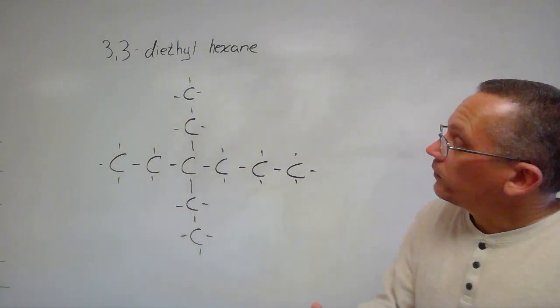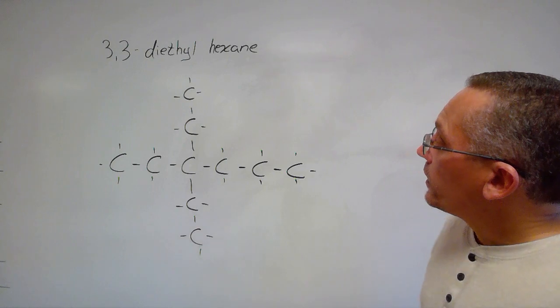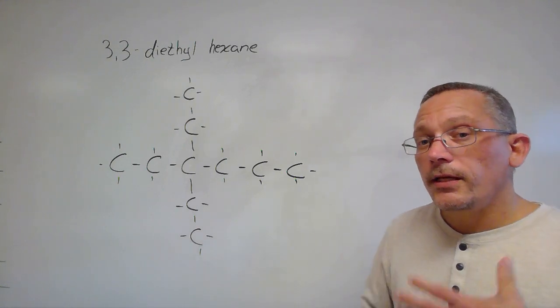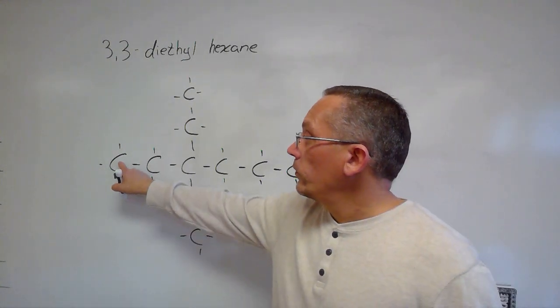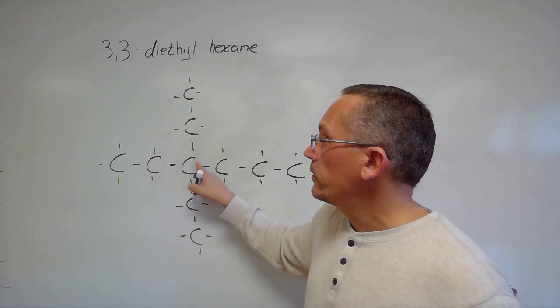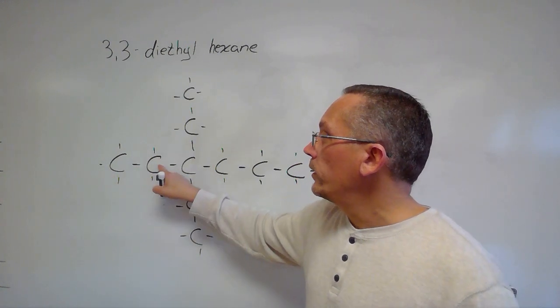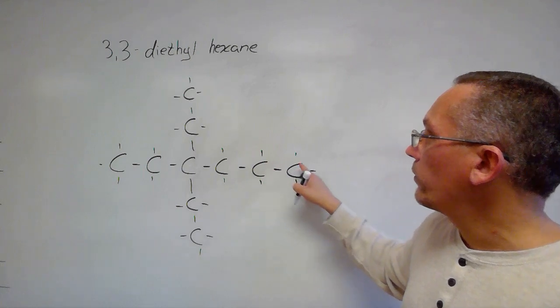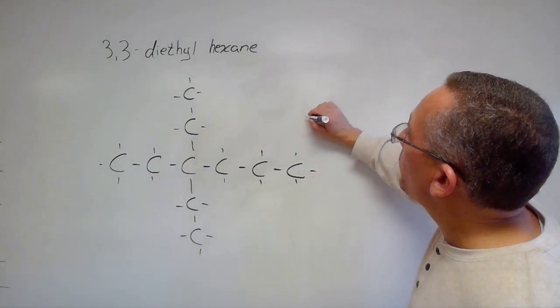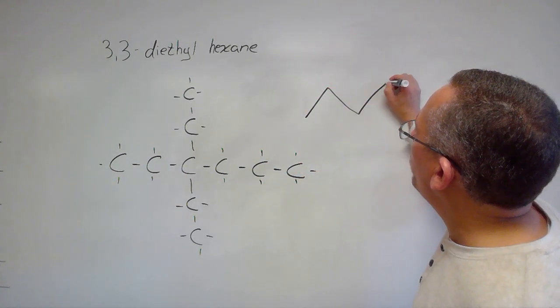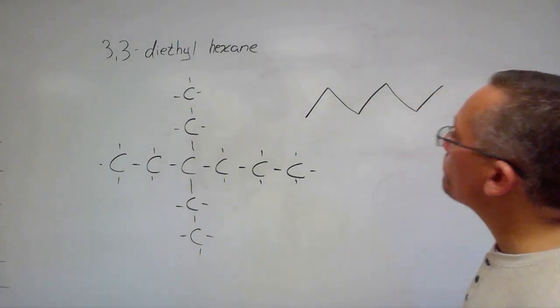We could also draw the skeletal structure for this. Okay, so the skeletal structure, remember there's a carbon at the end of each line. So here's the first line, here's the second line. So I'll need 1, 2, 3, 4, 5 lines going across here. 1, 2, 3, 4, 5, like that.